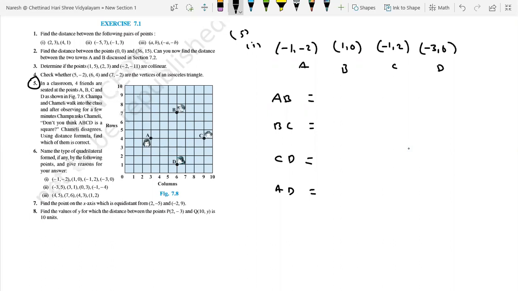Anyone got the AB value? Sir, AB is 2 root 2. Yes. What about BC? Am I right? This is 0, guys, not 6. This is 0. What is the CD value? And the AD value?